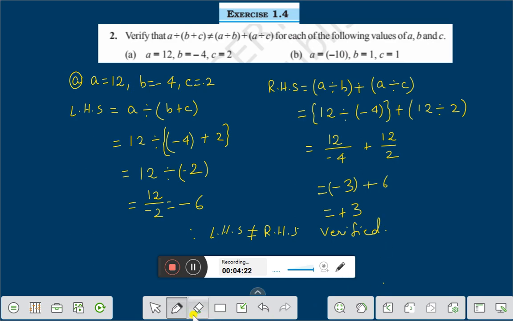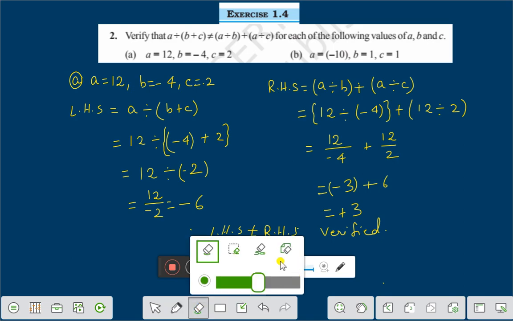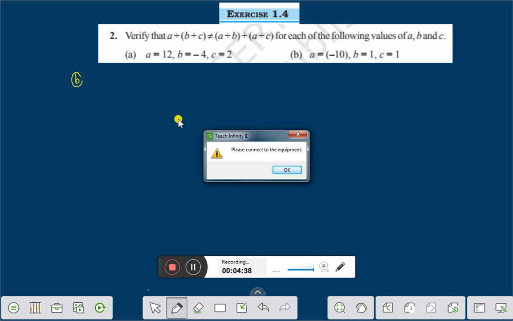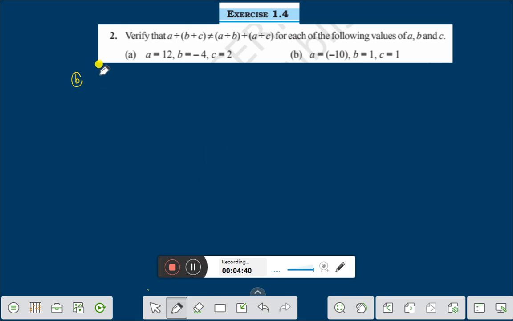Let us find the value of section B. In section B, the value of A is minus 10, and B is equal to 1, C is equal to 1.